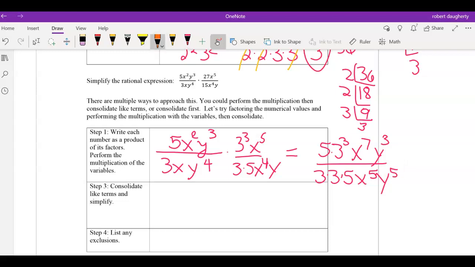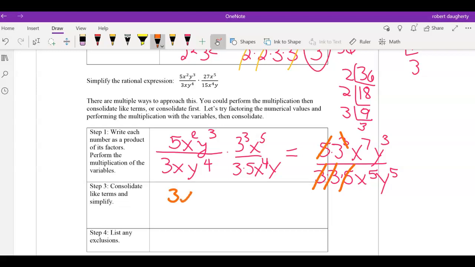So if you think about, I've got 5 over 5, that is 1. And then I've got 2 3's in the bottom of the fraction, and then there are 3 of them in the top, so that just becomes a 3. So this becomes a 3. And then you've got what?